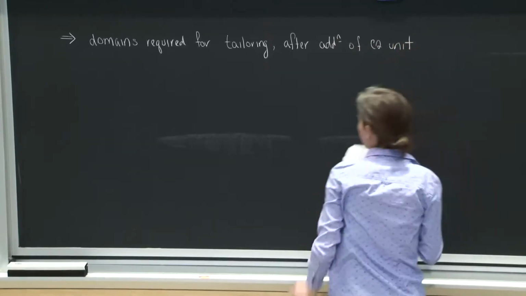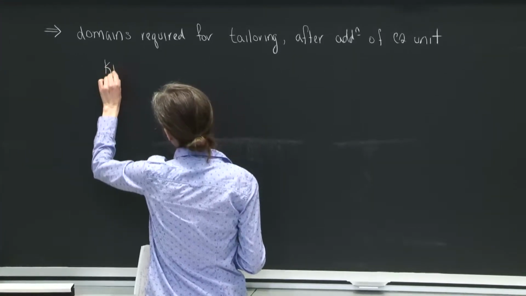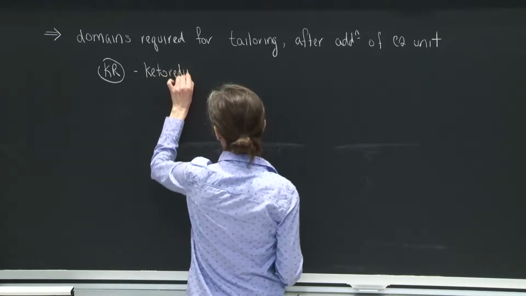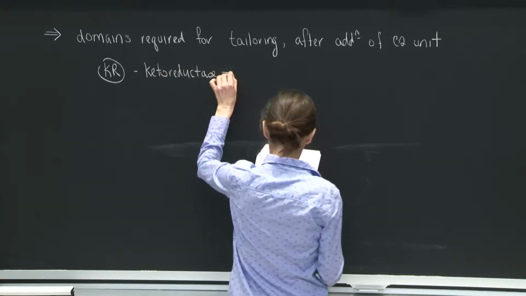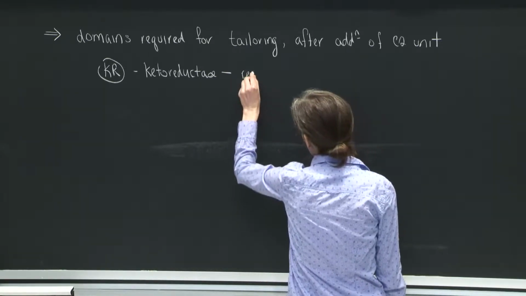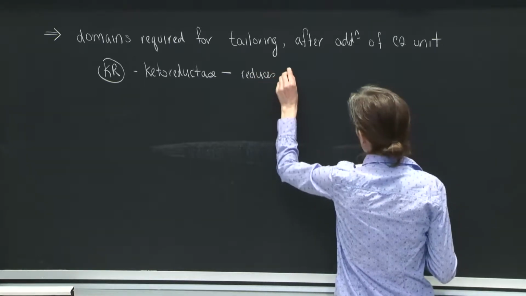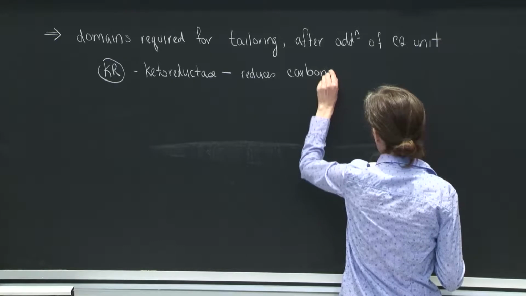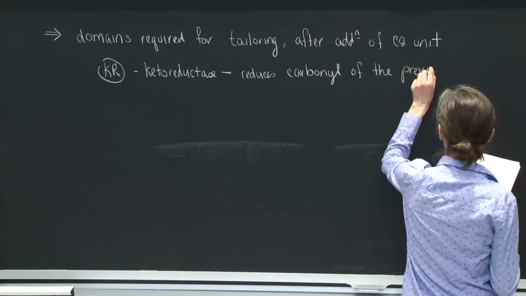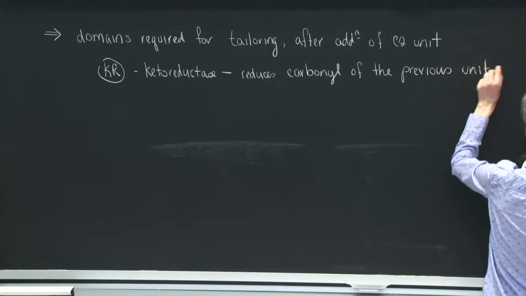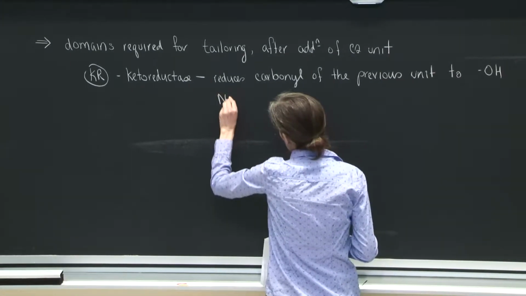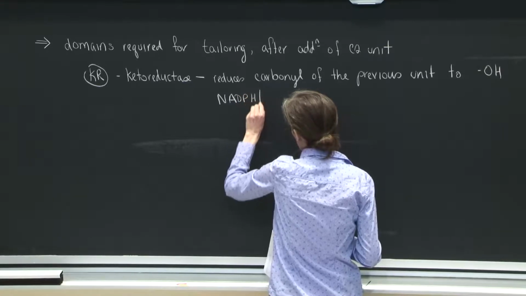to the growing chain. So first there's the keto reductase. As indicated, what this enzyme does is it reduces the carbonyl of the previous unit to an OH, and uses NADPH H+.